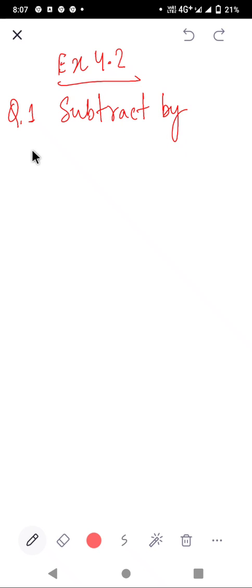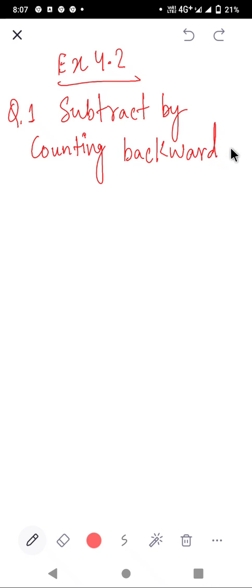Subtract by counting backward. Okay, you have to use backward counting here. So first one is 76 minus 5.